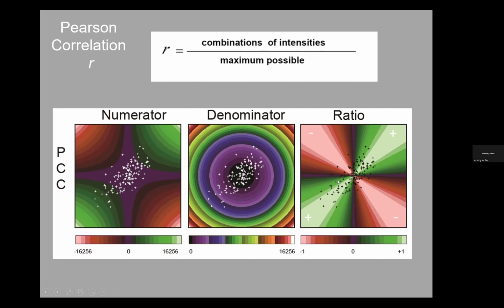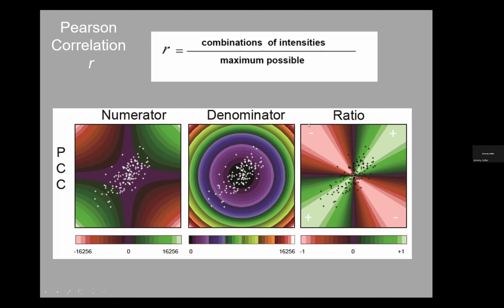Here's our scatter plot. Pairs of intensities up here make positive values because each is above the mean. The mean is in the center. But if both are below the mean, we have two negative numbers. Something minus the mean multiplied by itself becomes positive.